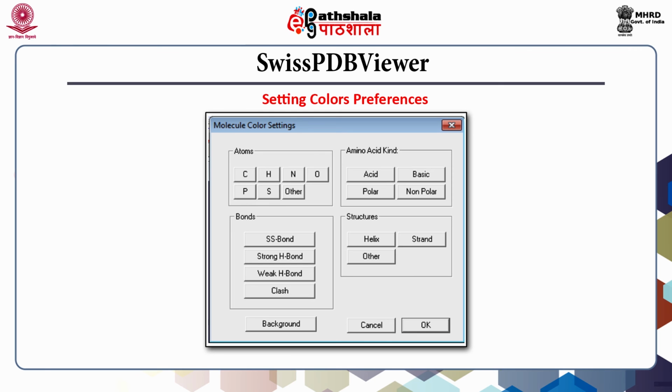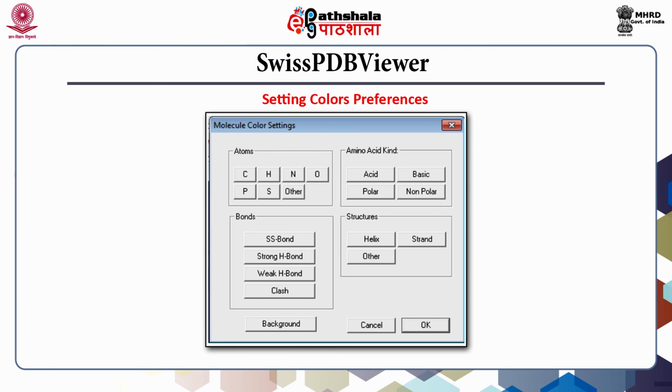The scheme is named after the CPK molecular models designed by chemists Robert Corey and Linus Pauling, and improved by Walter Colton.